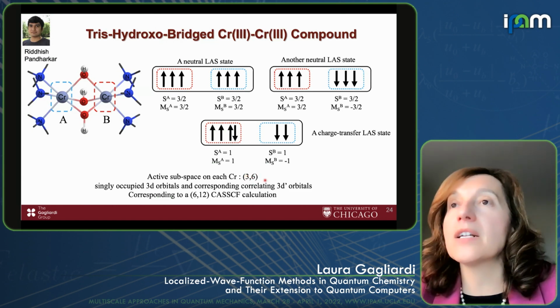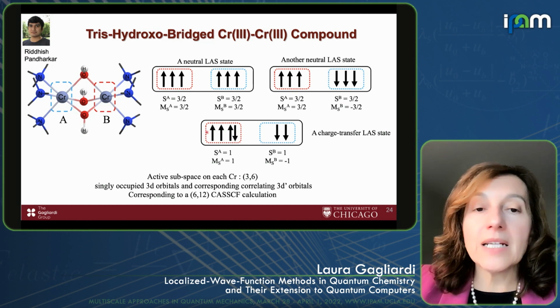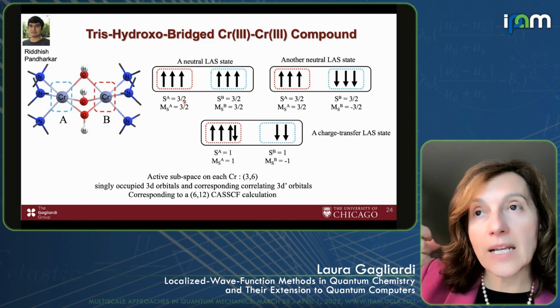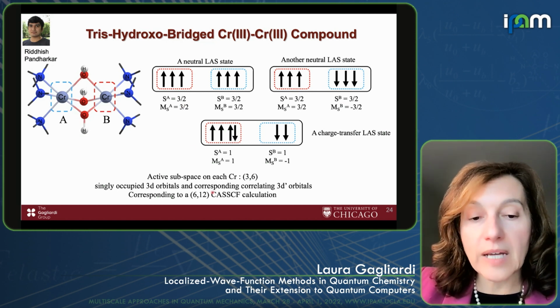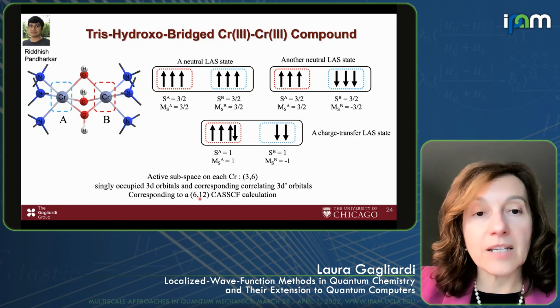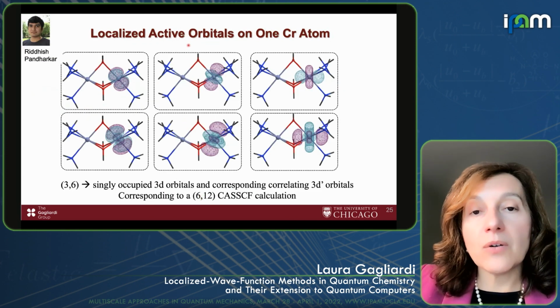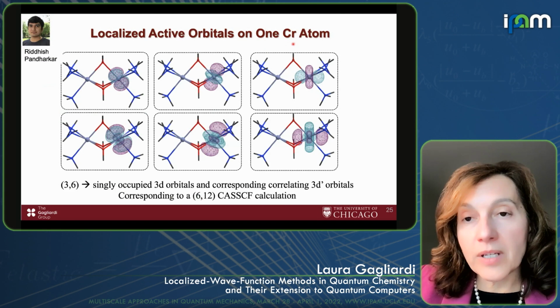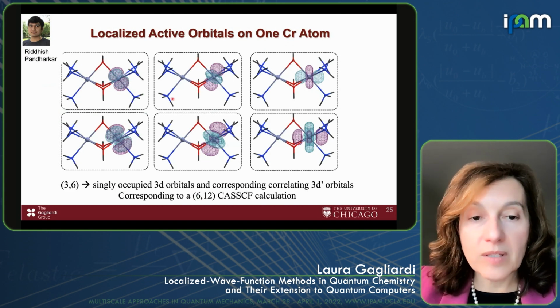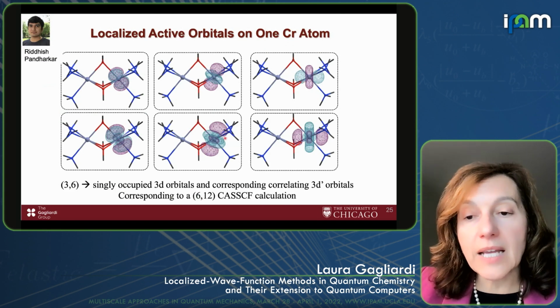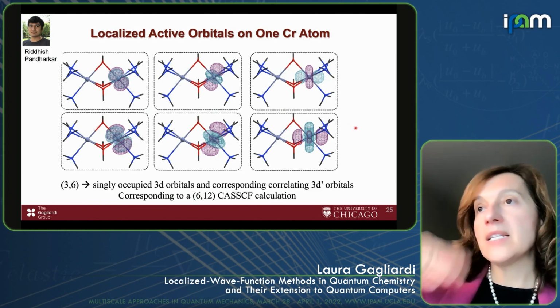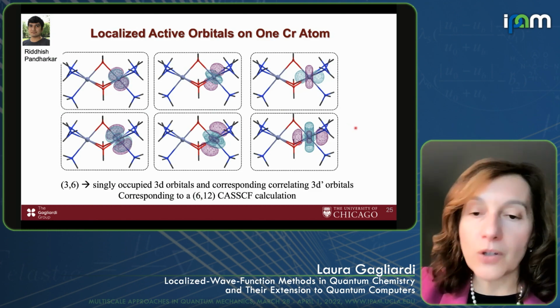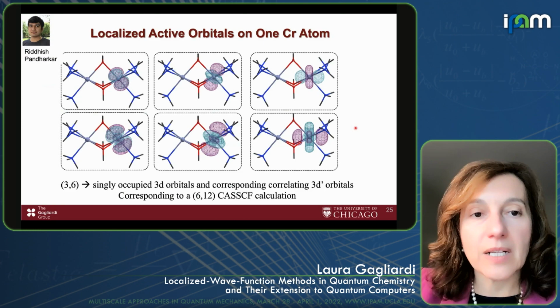And these 6 orbitals are just the singly occupied 3d and their correlating ones. So overall we'd have a CAS(6,12). And so these are the localized active orbitals on each chromium atom. So 3 singly occupied d and the corresponding correlating ones for these 3d orbitals.